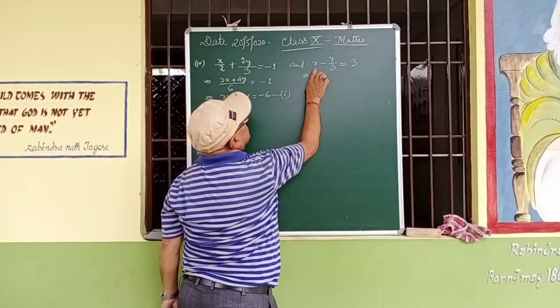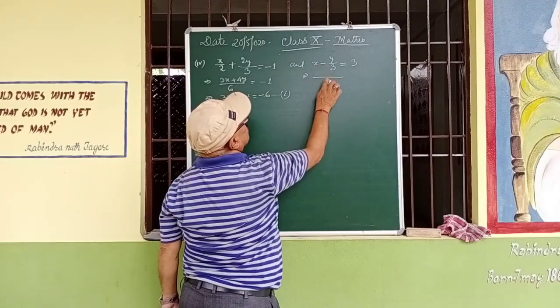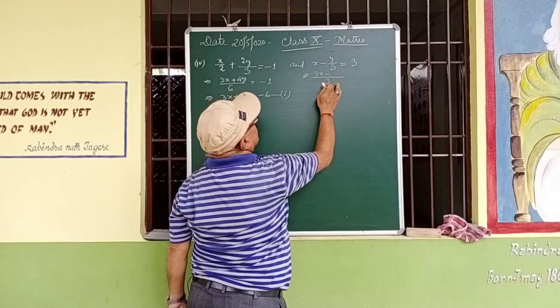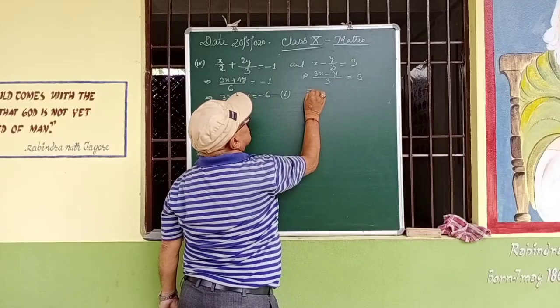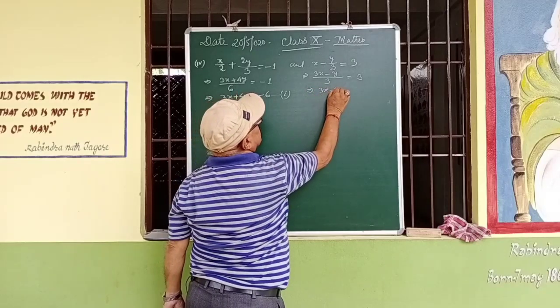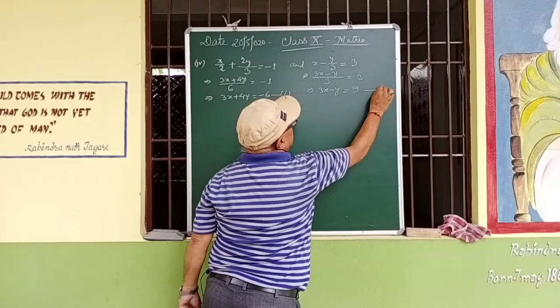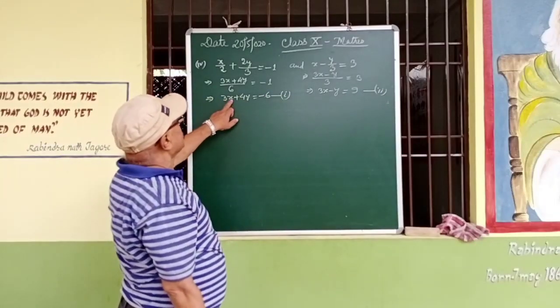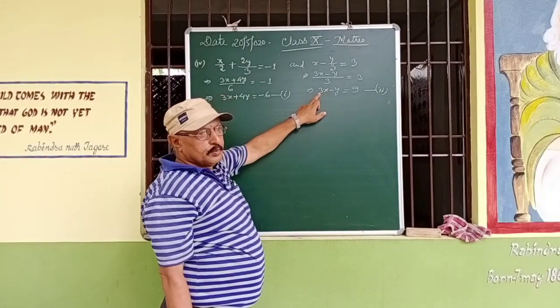Here the LCM of 1 and 3 is 3. By 1 you divide 3, you get 3x minus, 3 by 3, 1 into y, y is equal to 3, or 3x minus y is equal to 3 into 3, 9. It is number 2. Now the coefficient of x is 3 here, and here also the coefficient of x is 3.